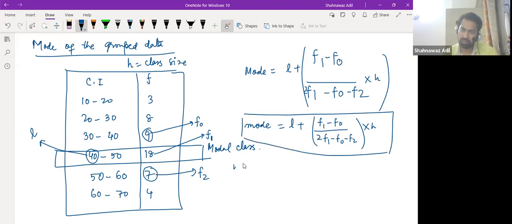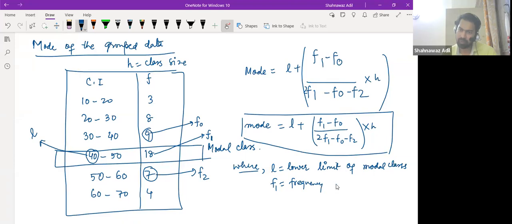where L is the lower limit of the modal class, right? And we discussed what the modal class is, right? And then F1 is the frequency of the modal class. F0 is the preceding frequency of the modal class.